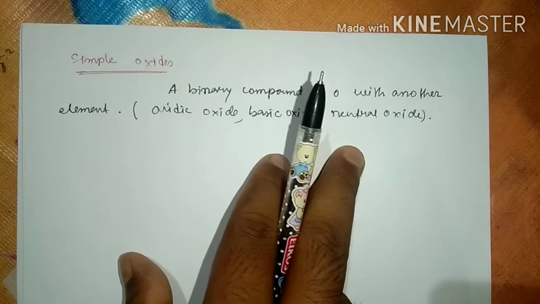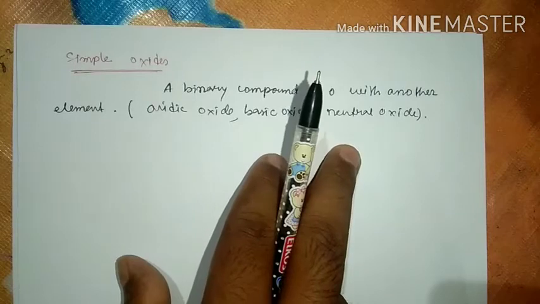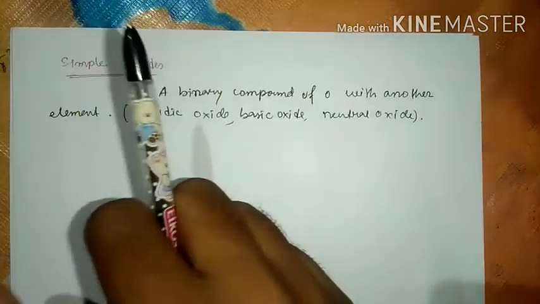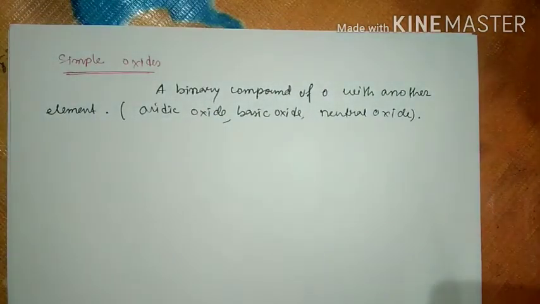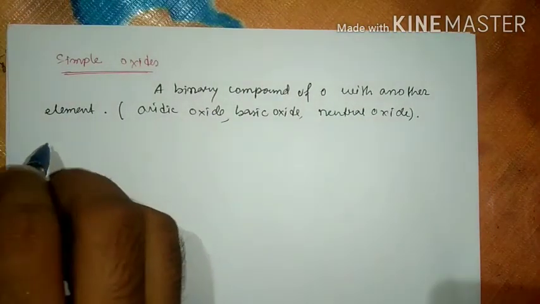Now we will see one by one why it is called so. First one is acidic oxide.